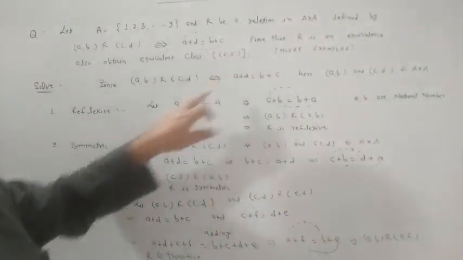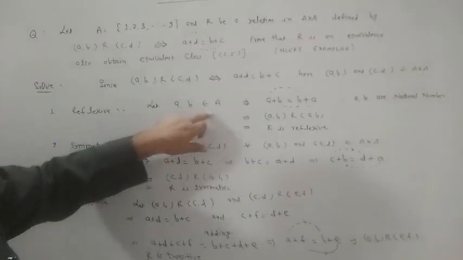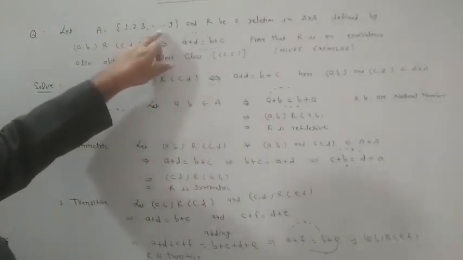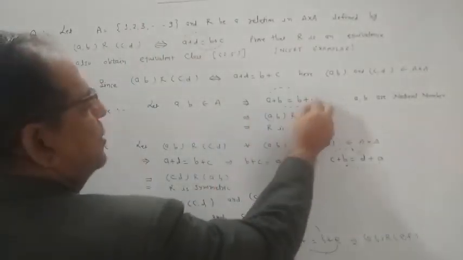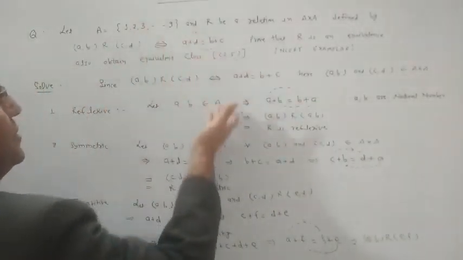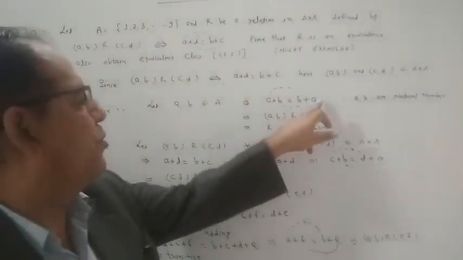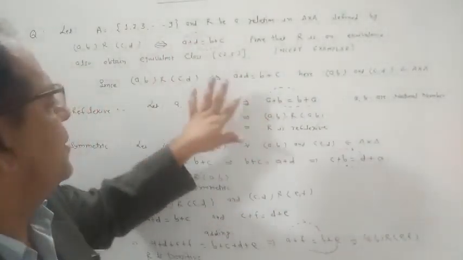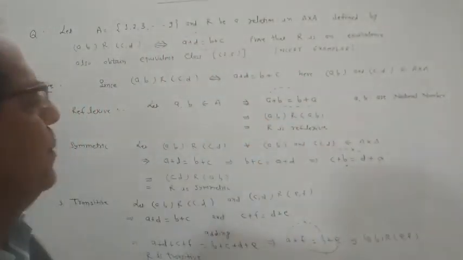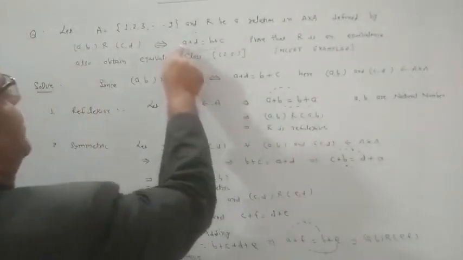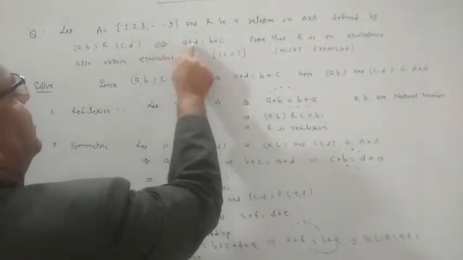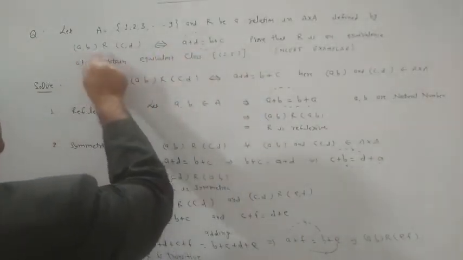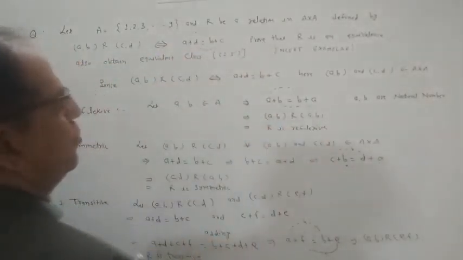Now first, to prove that R is an equivalence relation, we take reflexive. a and b are elements of A, that means a and b may be from 1 to 9. This implies that a plus b equal to b plus a, because all the numbers are natural numbers and natural numbers are commutative. By the defined relation, we have (a, b) related to (a, b).